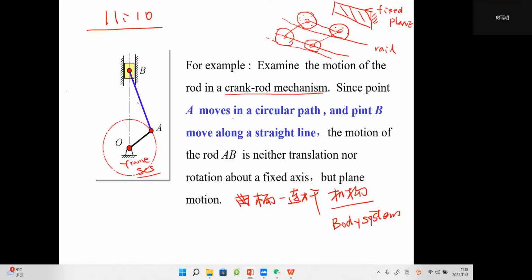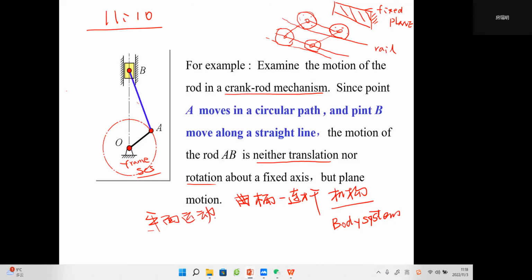Here it tells us that since A moves in a circular path, and this R will be the length of OA, and point B moves along a straight line, this vertical straight line, the motion of rod AB is neither translation nor rotation about a fixed axis, but plane motion. Plane motion means 平面运动.